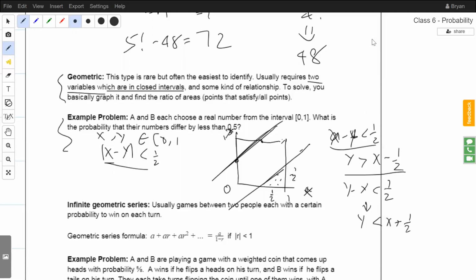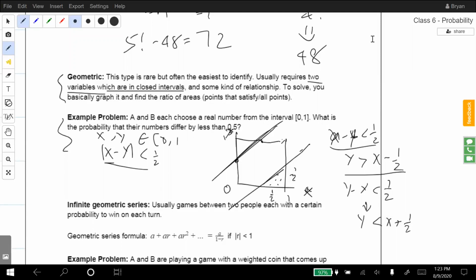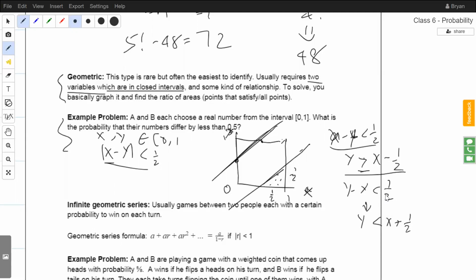So this is our graph, and basically we want to find the area of the region that works. Here we look at the inequality signs: greater than refers to the part of the plane above the line, and less than refers to the part of the plane below the line.